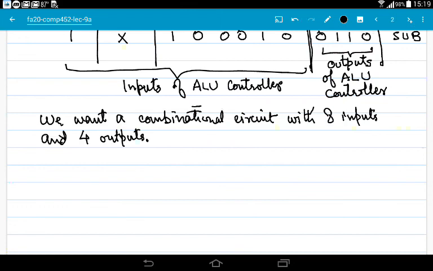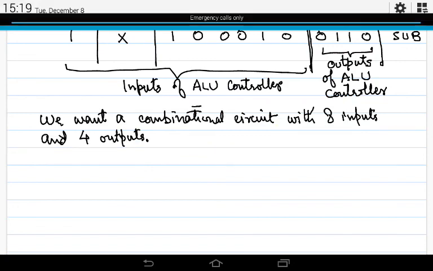I'm just going to show you a figure, hoping that I have it. I have it here, but I'm going to pause the recording for a few seconds.